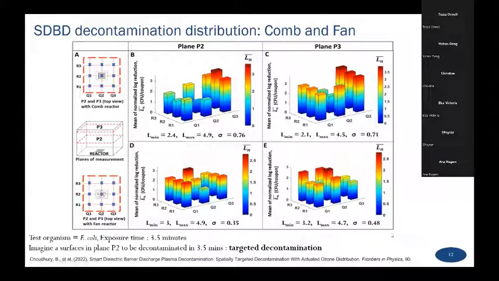So that is the whole point when I say maximizing ozone utilization. It looks like the fan reactor is using more of the ozone produced and distributing it evenly throughout the plane, which can correspond to decontaminating a surface placed in plane 2 more efficiently.